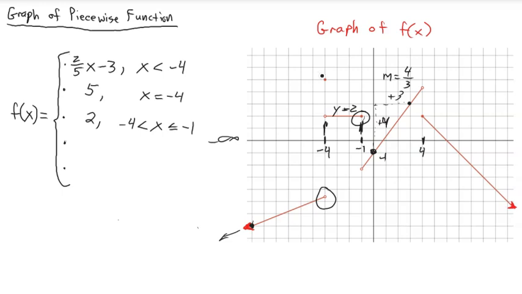So this is going to be 4/3 x minus 1, and it goes from negative 1 up to 4, but it has an open circle at the end, so it does not include 4. So it's going to go from negative 1 up to 4, okay?